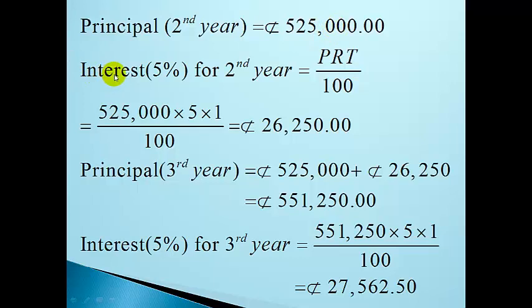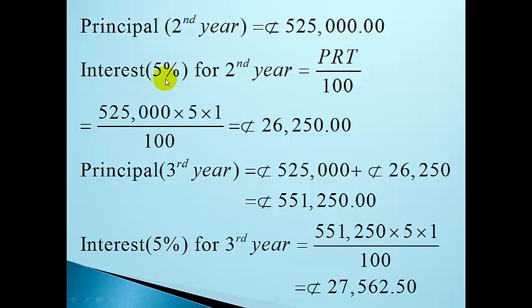So the interest, the 5% for the second year, will be equal to P times R times T divided by 100. Now the principal is now 525,000. The rate is still 5%, and the time of compounding is 1 year. So T equals 1.